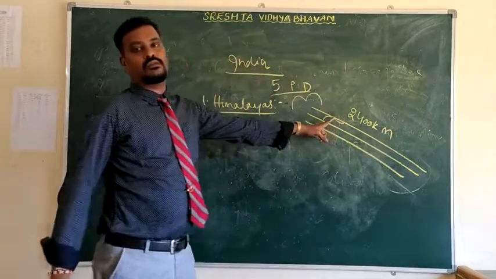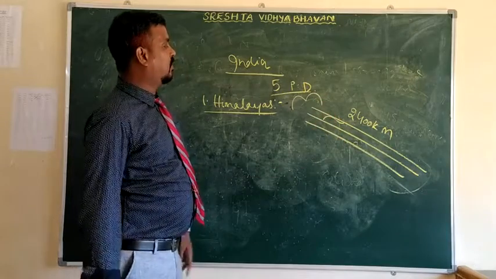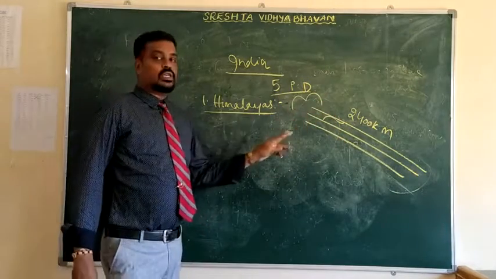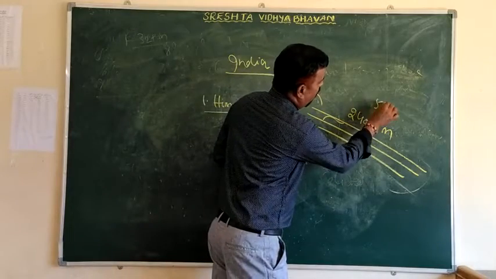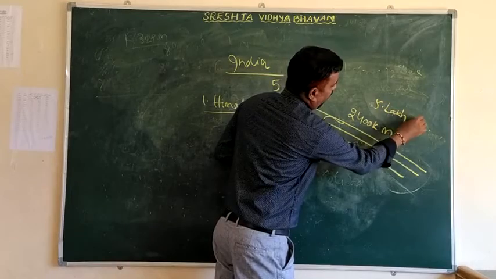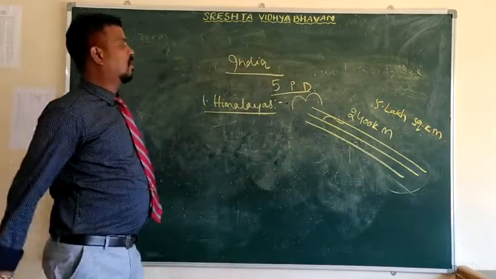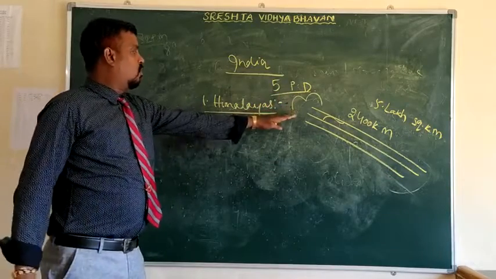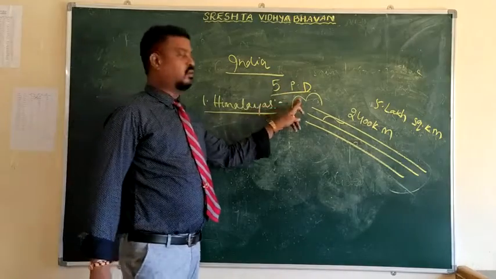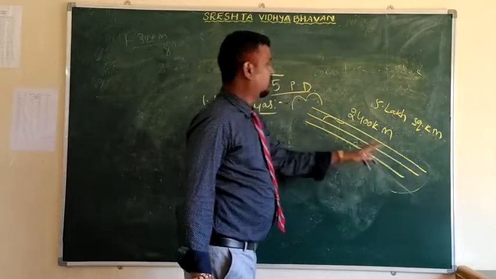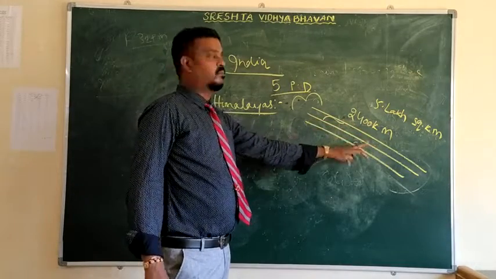The total geographical area is 5 lakh square kilometers. I have already told you the Himalayas stretch from Jammu and Kashmir to Arunachal Pradesh, so the total length is 2,400 kilometers.